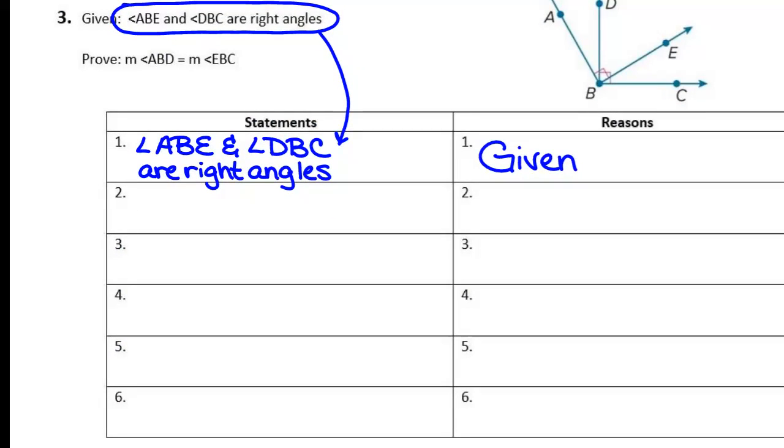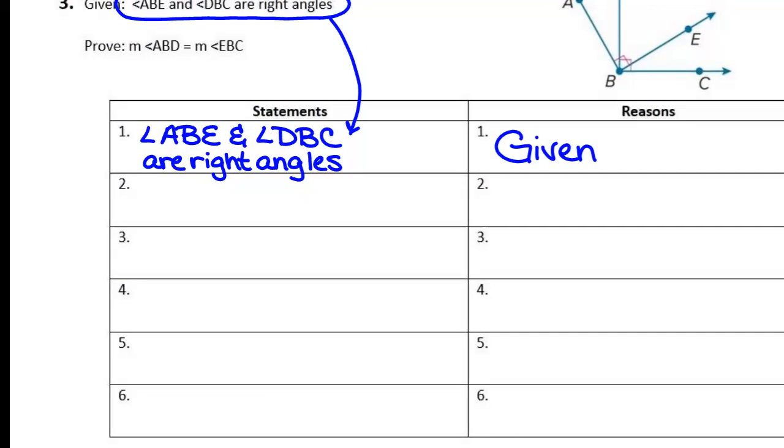What other statement can I fill in right now? What it says I am supposed to prove, yes. So the measurement of angle ABD is equal to the measurement of angle EBC.